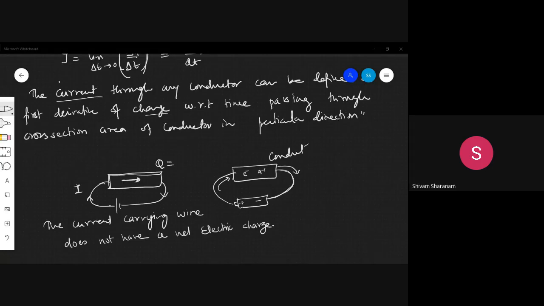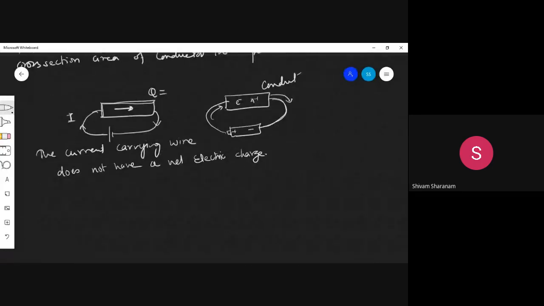Now tell me one more thing. Why do we say that current is there? Because the free electrons or charges move in a particular direction. So suppose an atom is there, and around the atom an electron revolves in a particular radius, yes or no? Electric force. So how much current will be there in this? Can you tell?